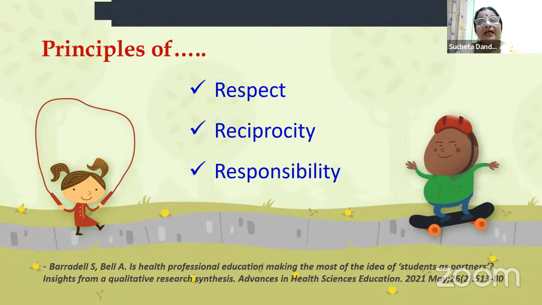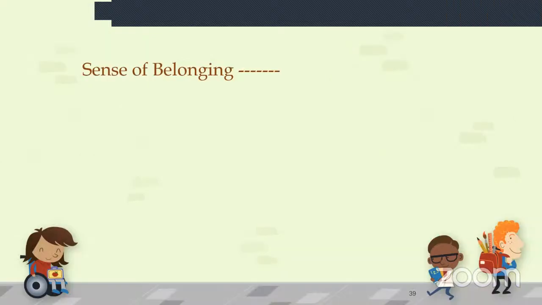So this is a sort of a triad that all of us should keep in mind as we go into the process of working towards students as partners, not in the whole per se, as what the models say, but at least taking baby steps towards making them at least semi-partners. And for that, we need to create a sense of belonging.